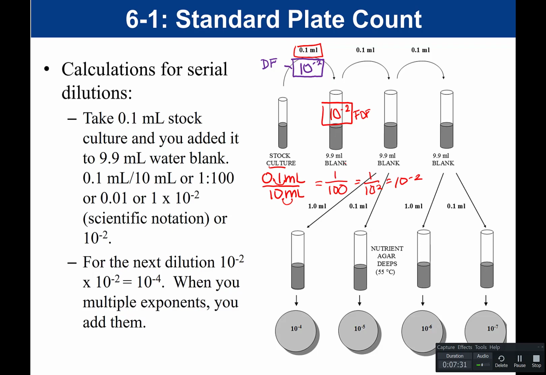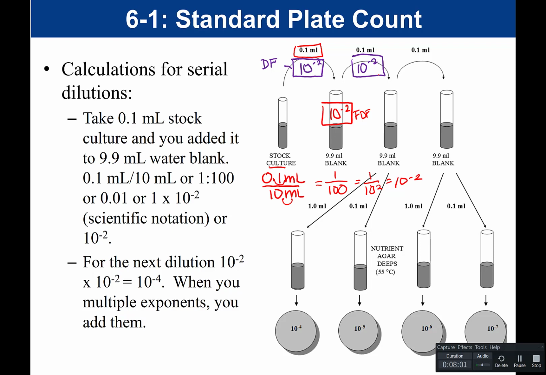Now, notice you're going to take from your 10 to the negative 2, and you're going to transfer 0.1 milliliters into 9.9 milliliters blank again. So notice that what you're doing is you're diluting this 10 to the negative 2 more. But in this case, you're starting with a tube that is already diluted 10 to the negative 2.